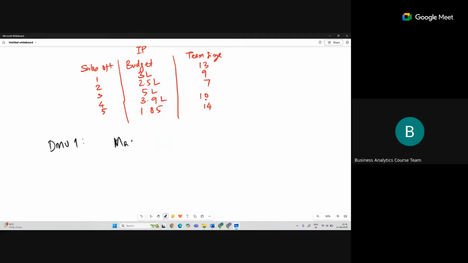Now tell me the objective function. What do you want to maximize? Assume you have 2 inputs and the output is something like 10 lakhs.